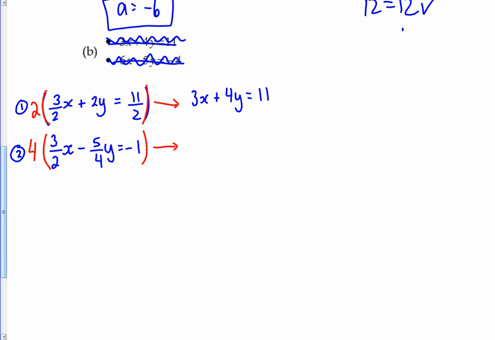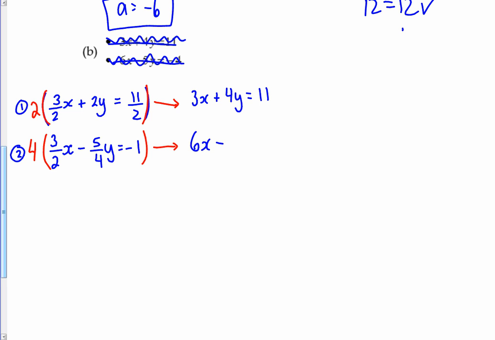All right, what is 4 times 3 over 2? 6, good, right? If you're multiplying by 3 over 2, you can actually reduce the 4 and 2 to 2 and 1. And so 2 times 3 gives you 6, 6x. Plus, oh, not plus, sorry. 4 times -5 over 4.